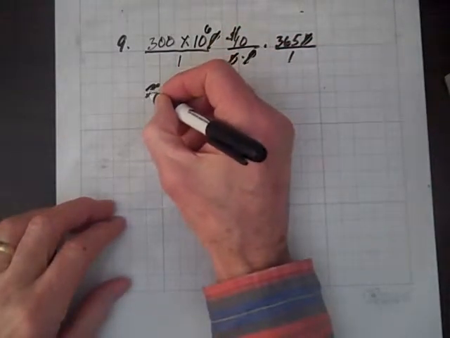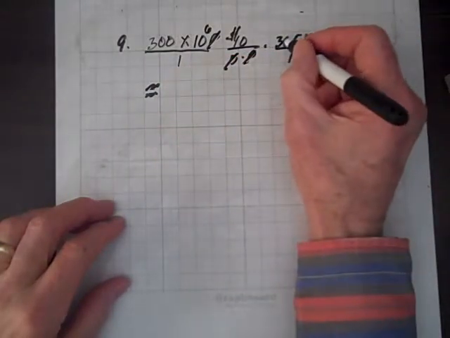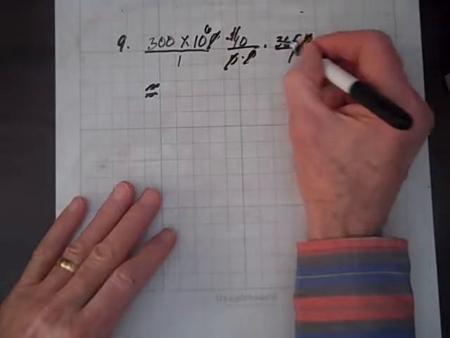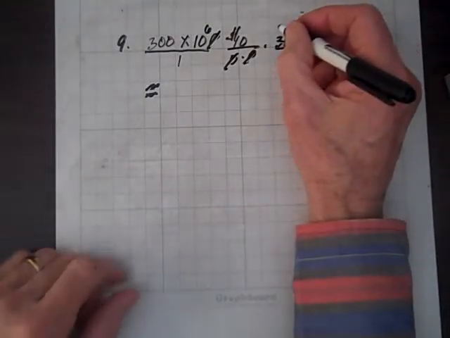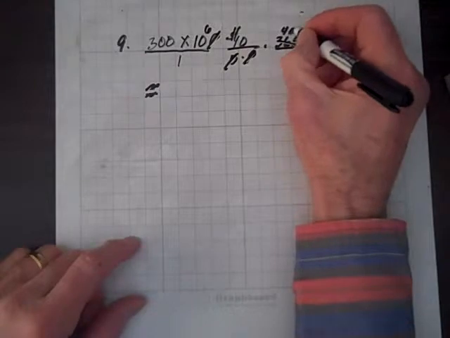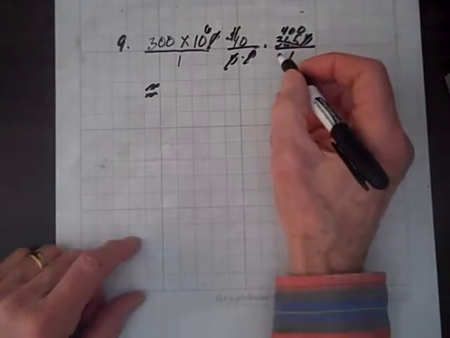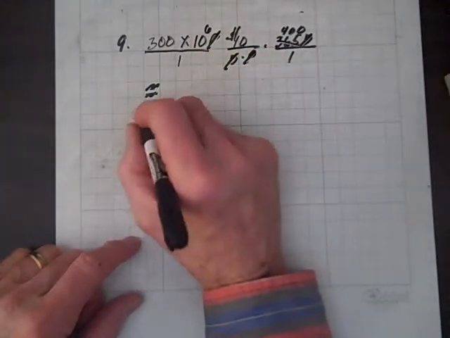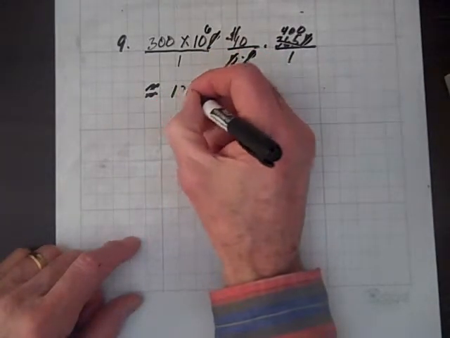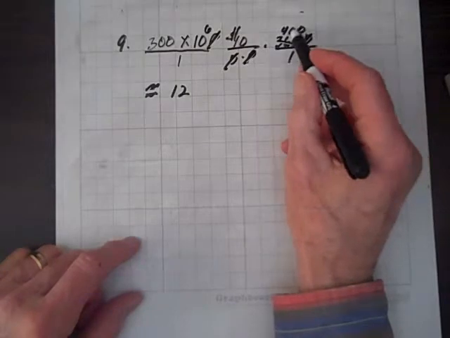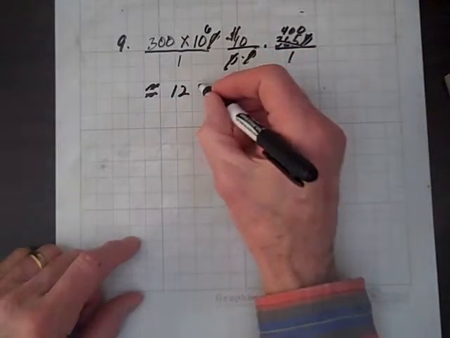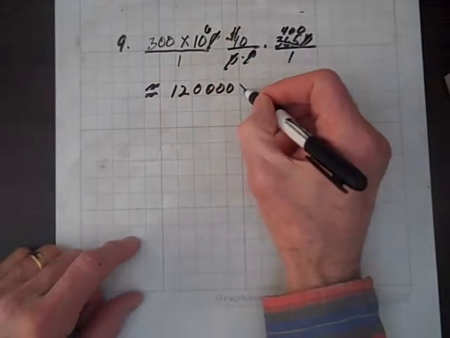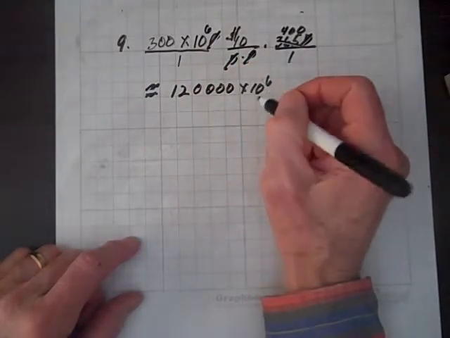So this is going to be approximately, and I'm going to round this 365 up to 400, because we just need an order of magnitude. So I'm going to make that 400. And so we've got 4 times 3 is 12. And we have, let's see, 1, 2, 3, 4, 4 zeros there. And another times 10 to the 6th.